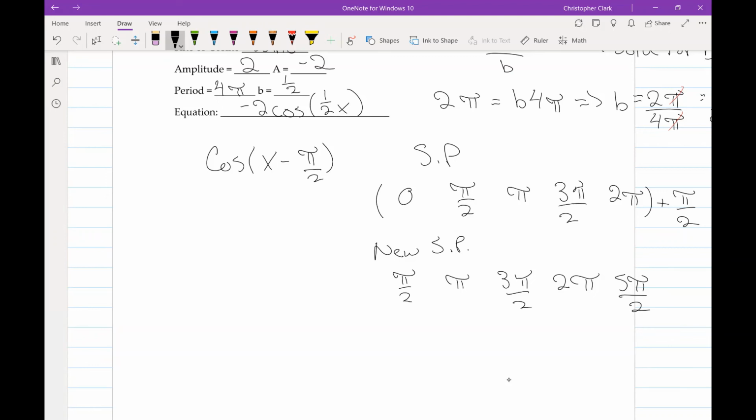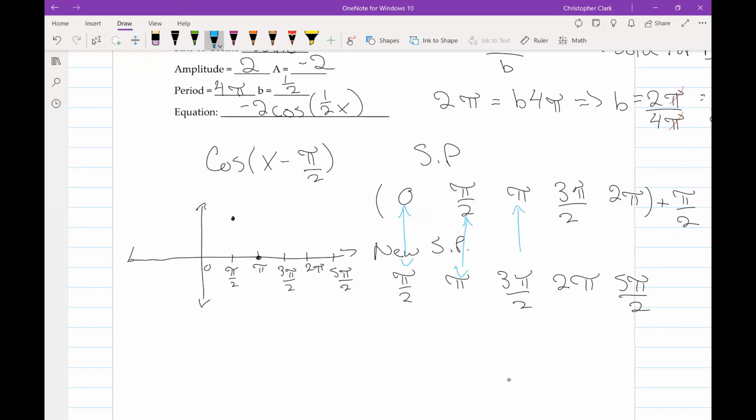Now, let's graph this and see what this looks like. All right, so I have 0, pi over 2, pi, 3 pi over 2, 2 pi, and then 5 pi over 2. Normally at 0, cosine is 1, but now this is occurring at pi over 2, so cosine is 1. Normally at pi over 2, cosine is 0, but this is now occurring at pi.